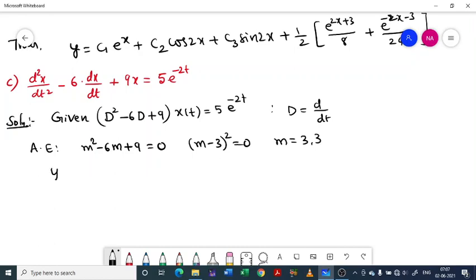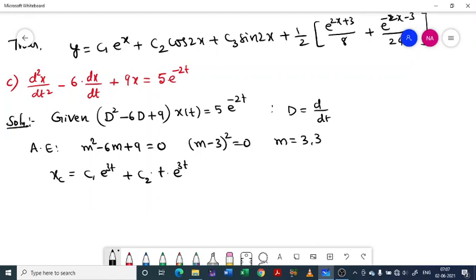So yc is c1 e power 3x plus c2 x into e power 3x. Okay, so this is about the complementary function. That is the easy part. Sorry, xc equal to c1 e power 3t plus c2 e power 3t into t.